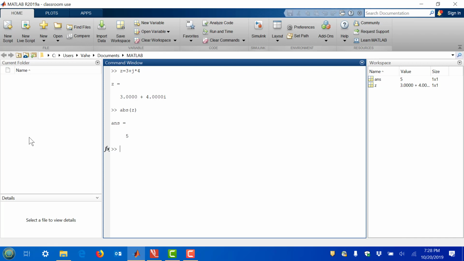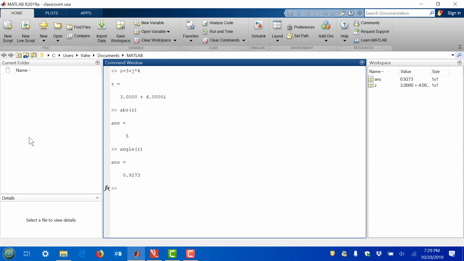On top of that, we can look at the phase or the angle of this complex number. So we can say angle of Z, okay? And you'll get 0.9273. Notice that this angle is in radians. So if you want to have the angle in degrees instead, there are a couple of options.